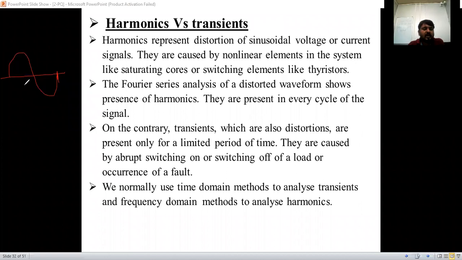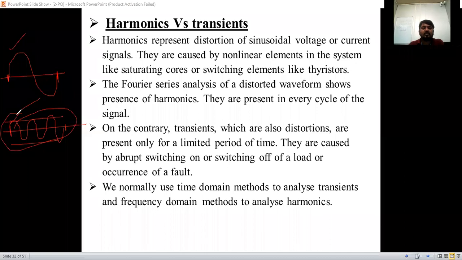Here the time taken to complete one cycle is the standard. During harmonics, in the same period of time, it is going to complete 1, 2, 3 cycles, while the magnitude is maintained. So the combination of the fundamental and harmonics gives a distorted output. That is what we call the frequency domain. These harmonics are in the frequency domain.